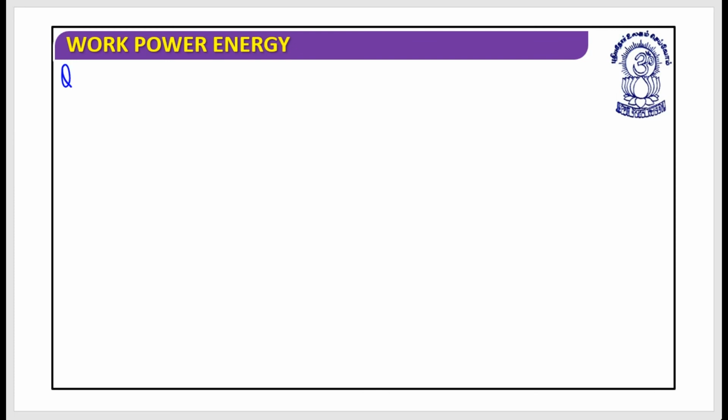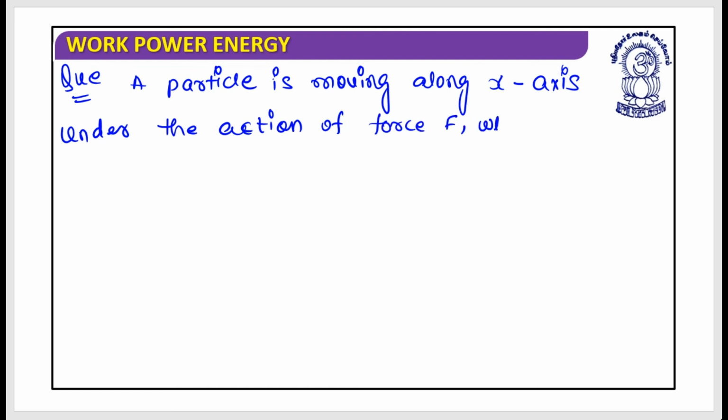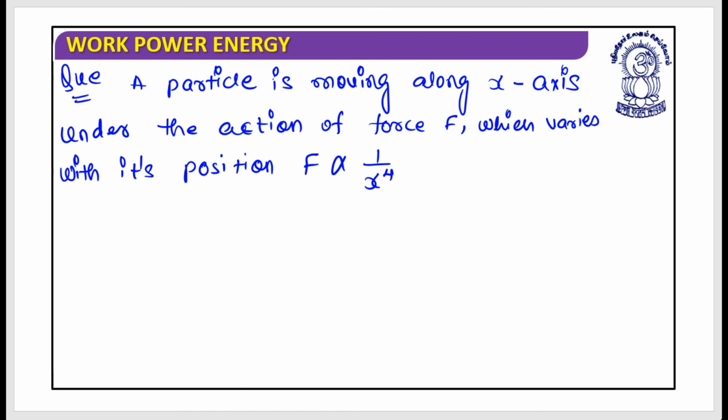Let's look at this question. It says that a particle is moving along the x-axis under the action of force F, which varies with its position, F directly proportional to 1 by x to the power 4.